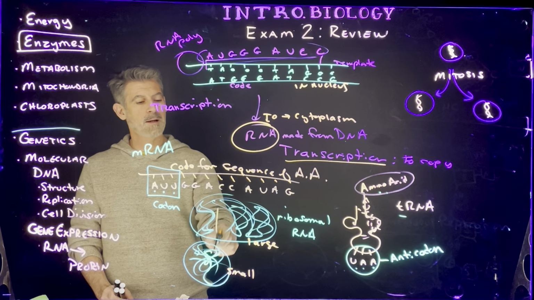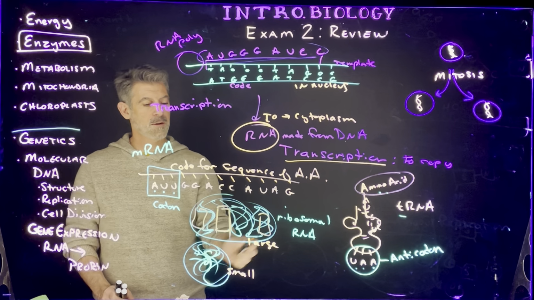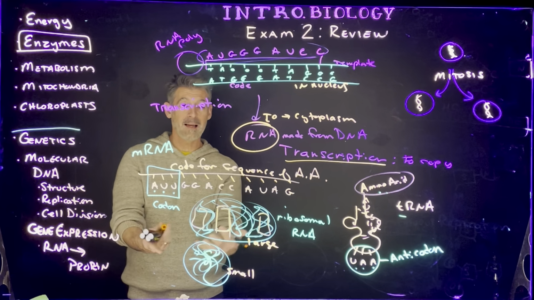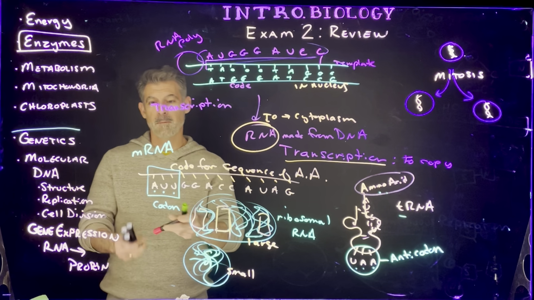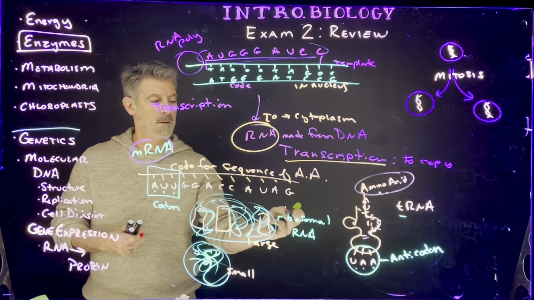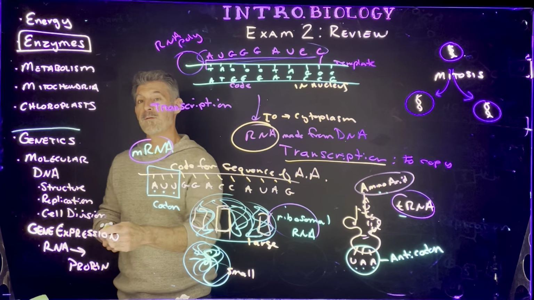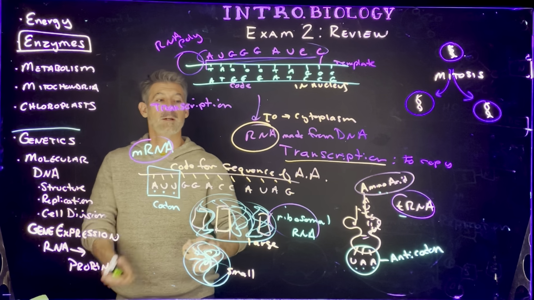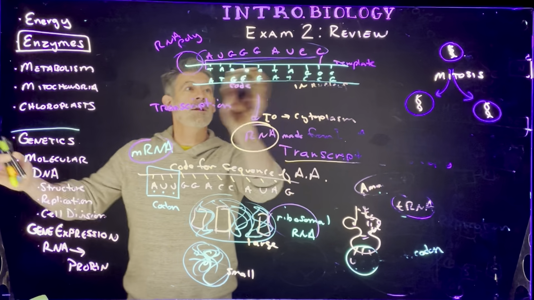The large subunit has all these binding sites, places where certain things can attach to it. And then collectively together, the 3 types, the messenger, the ribosomal, and the transfer RNA will work together to carry out the process called gene expression. That's what we're going to finish up here with, to look at that and how they interact.